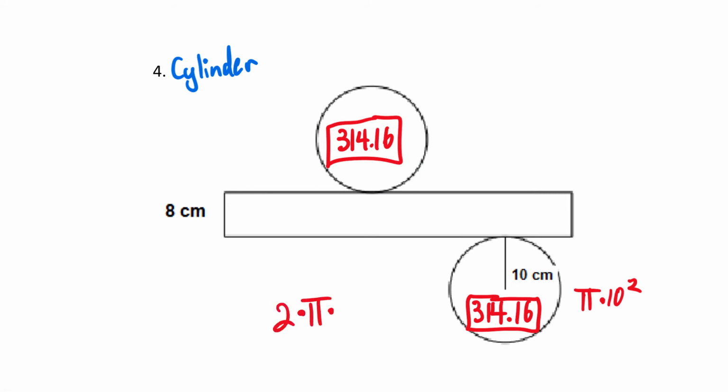So 2 pi times 10, which is what? 62.83. Yep. So that 62.83 is the length of this rectangle right here. And we know the width is 8. So rectangle is just length times width. So 62.83 times 8.